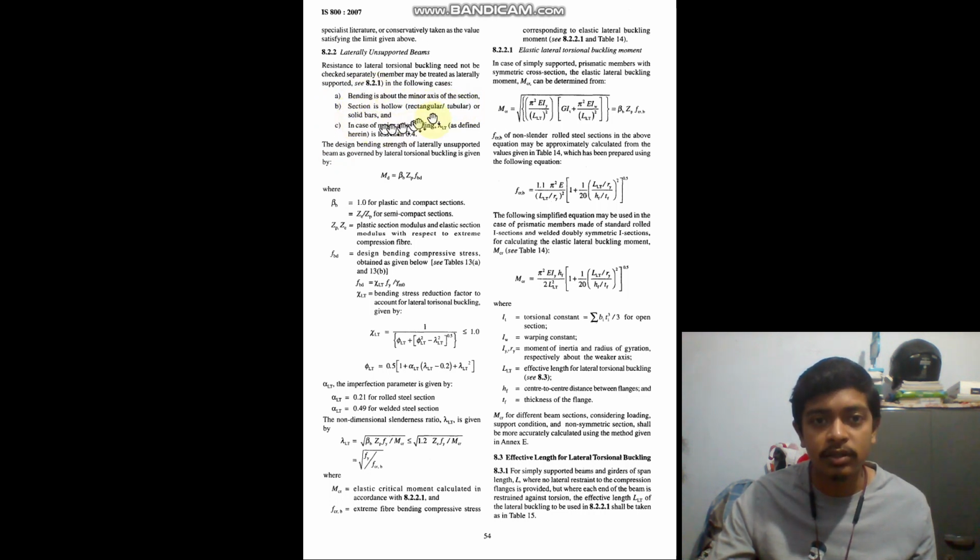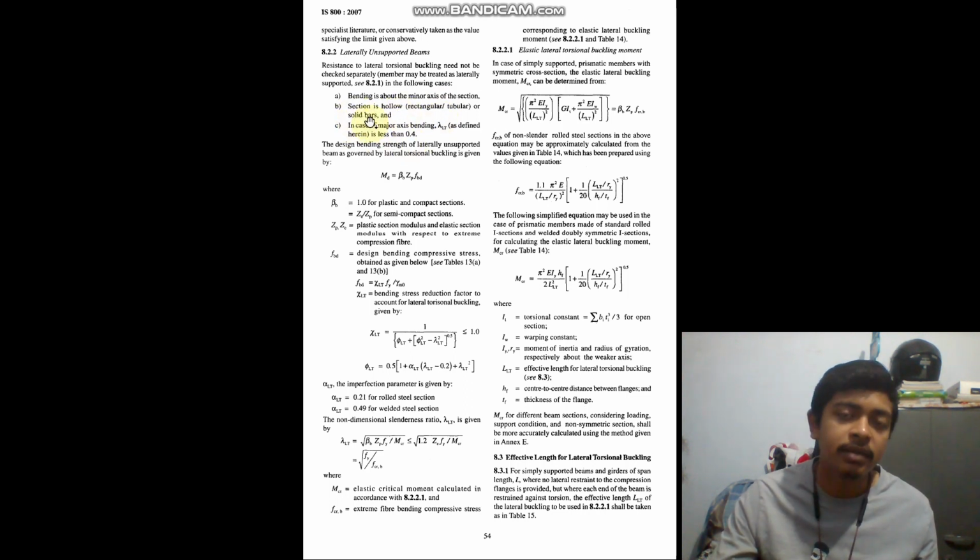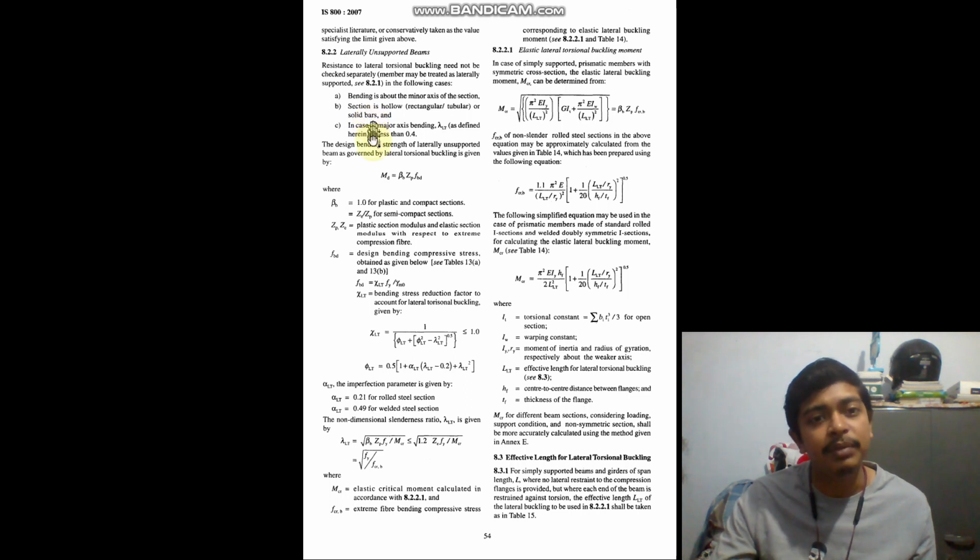So in this clause, whatever is written, if your beam satisfies these clauses, then your beam should be treated as laterally supported beam. If it does not, then it's a laterally unsupported beam. So if you're having bending about minor axis of the beam, then obviously your beam is laterally supported beam. The section is hollow or solid bar. In that case, the beam is laterally supported beam.